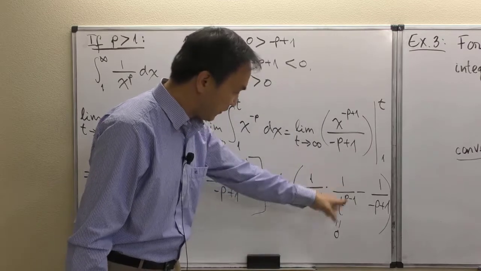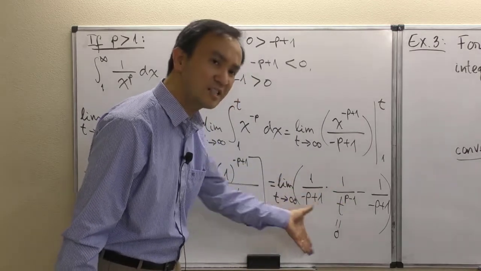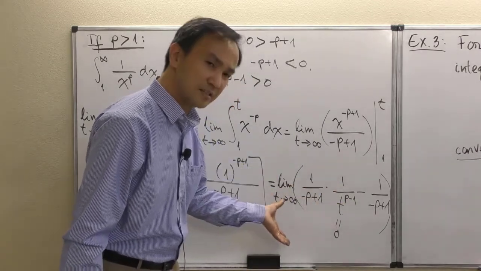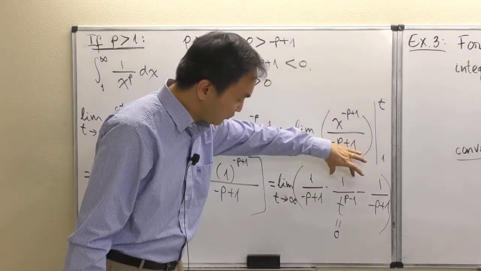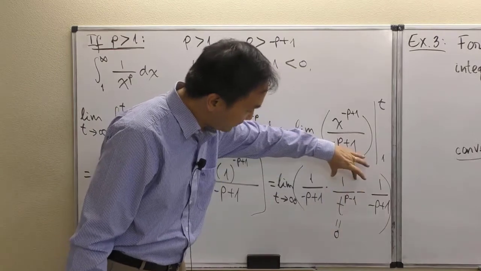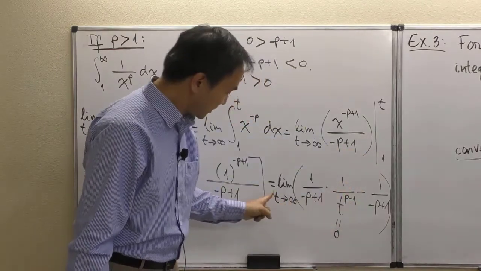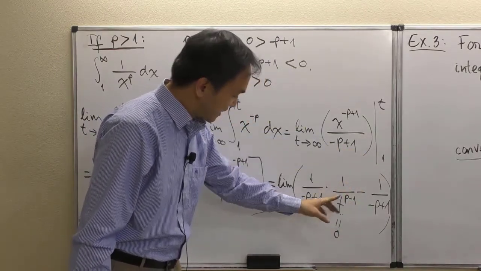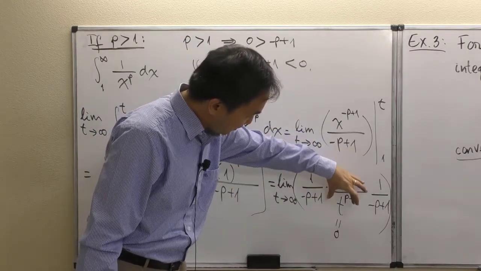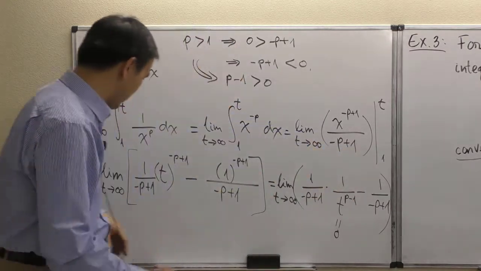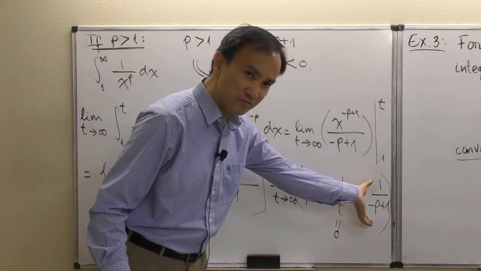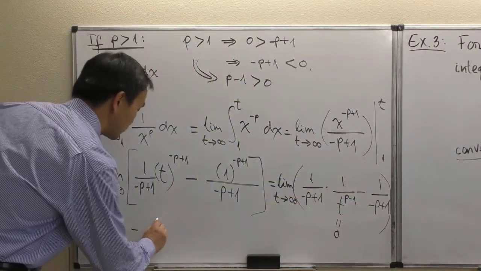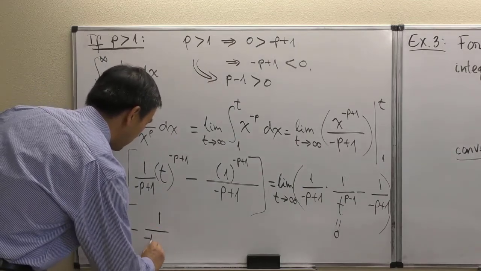Anyone viewing this video lesson is required to have passed calculus 1 already, so you should be able to quickly find out why this goes to 0 as t approaches positive infinity. So 0 times that coefficient gives me 0 in the first term. And the limit law says that constant terms remain the same. So minus 1 over minus p plus 1.